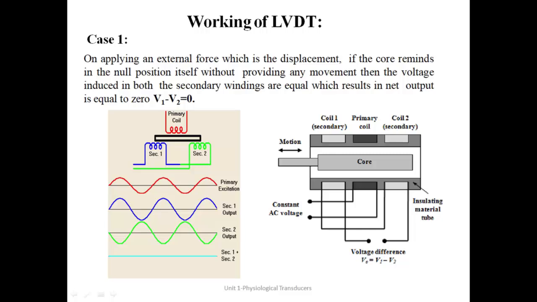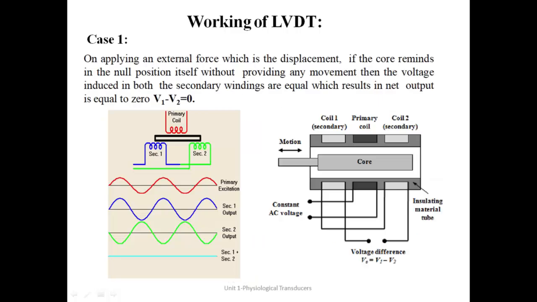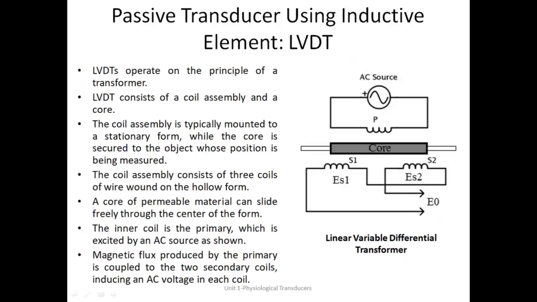The core that you see in between is connected to the displacing element of the field. When the displacement takes place, either the core remains in its place, or the core may move left or it may move right. That depends upon the displacement.